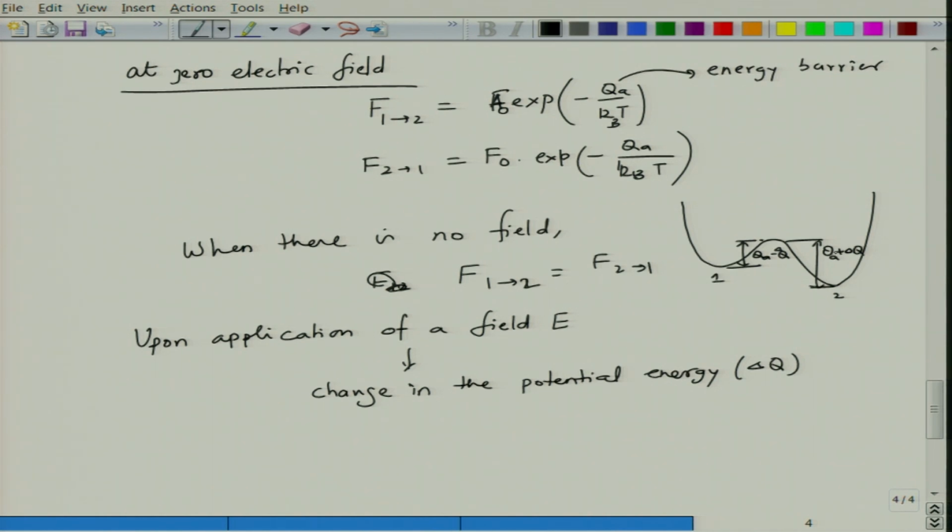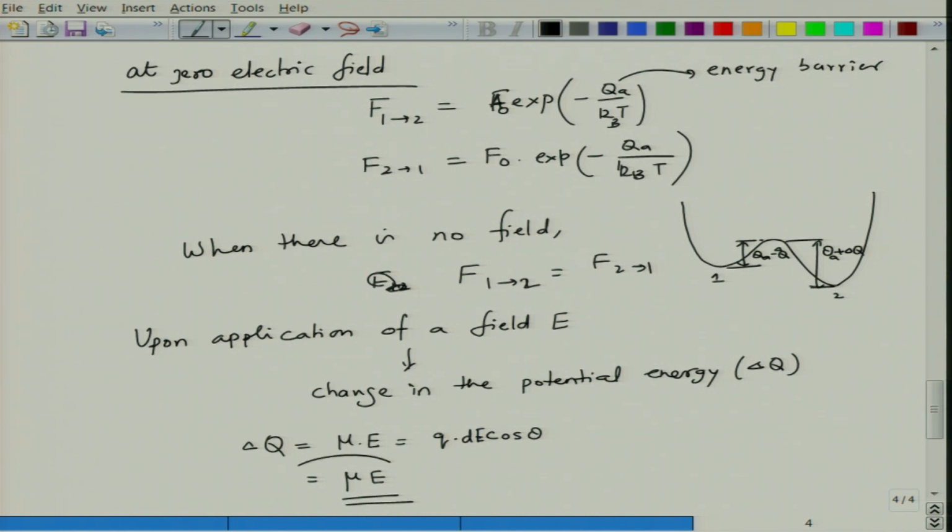This delta Q will basically correspond to mu E, and mu E is nothing but Q into d into E into cos theta. Assuming that cos theta is equal to 1, they are collinear, this energy is nothing but mu E for complete alignment.